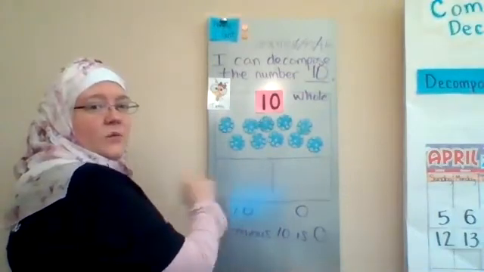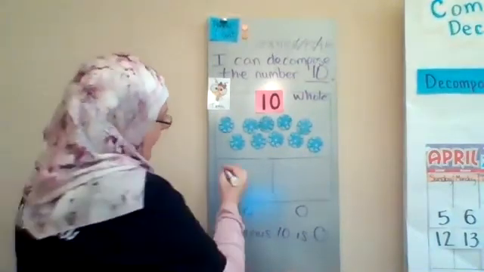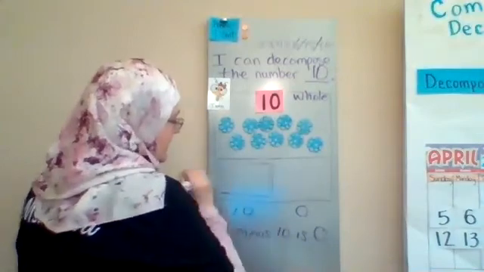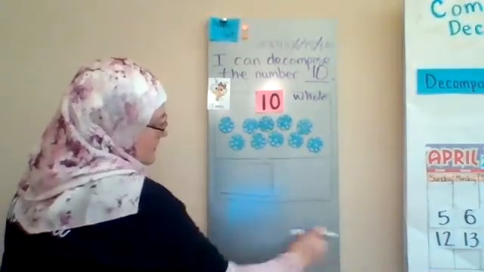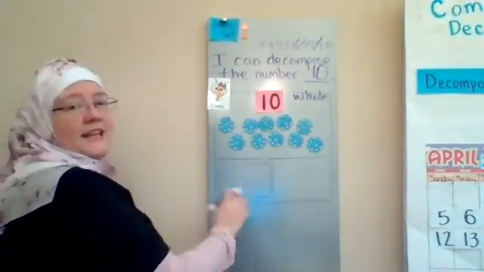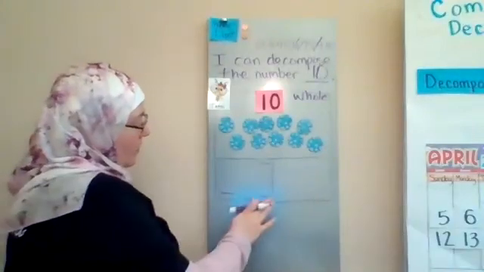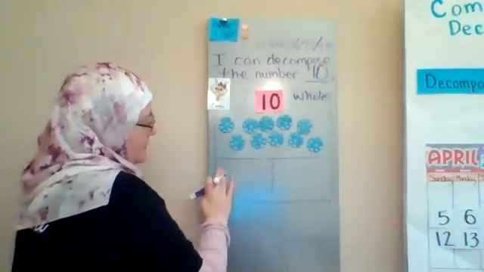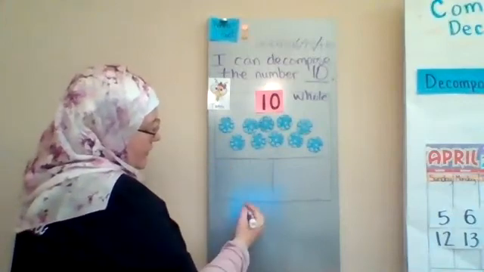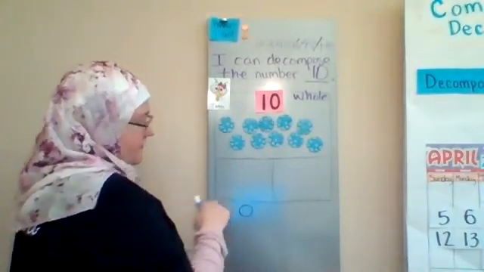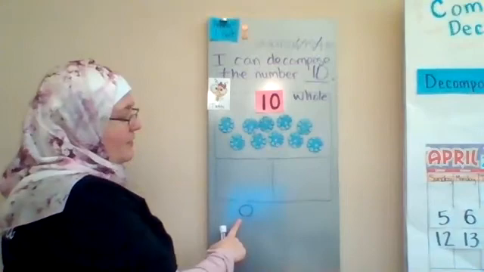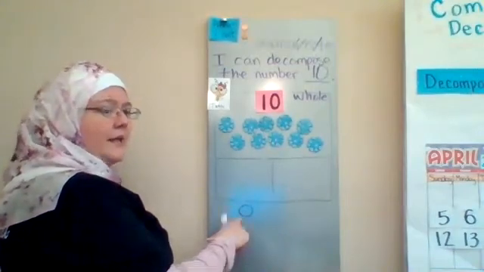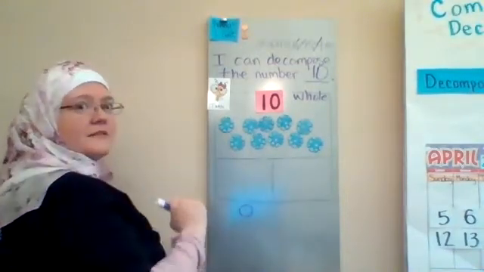How many did we take away? That's right. This time, we're not going to take any away. So this first part would be 0. And if we take 0 away, how many are left?